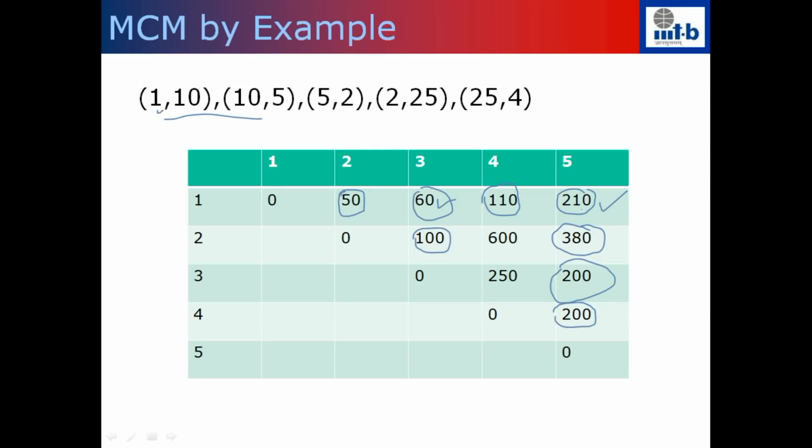So notice that, unlike the three examples of dynamic programming that we have seen so far, in all of which we were filling the table column wise or row wise, this is an example where we fill the table diagonal wise. Initially we set all the diagonal entries to be 0.